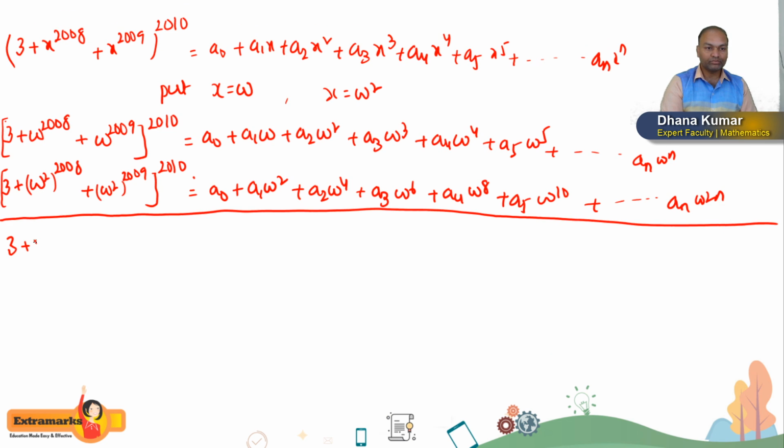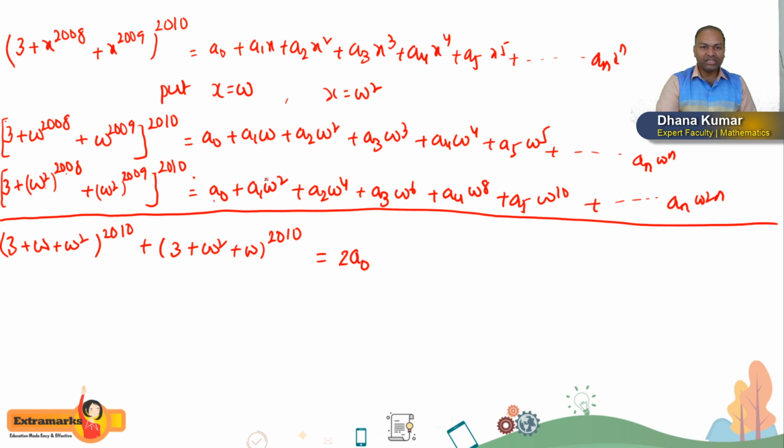So omega and this value omega square whole power 2010, plus addition I told, so this value also 3 plus omega square, plus omega whole power 2010 is equal to, right side part I am writing. Now you see a naught plus a naught, value is 2 times a naught.